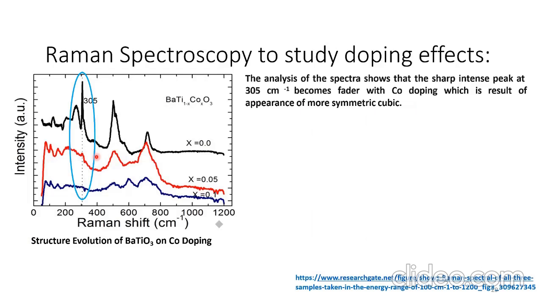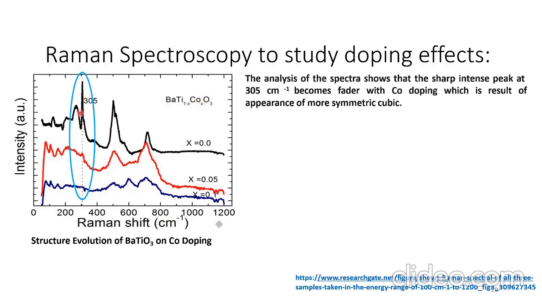Suppose we have this BaTiO3. This is a very piezoelectric material. It's a very useful material. It has piezoelectric property, and here they have doped copper and cobalt in the material, and with the increase in the concentration of cobalt, this peak is getting diminished.